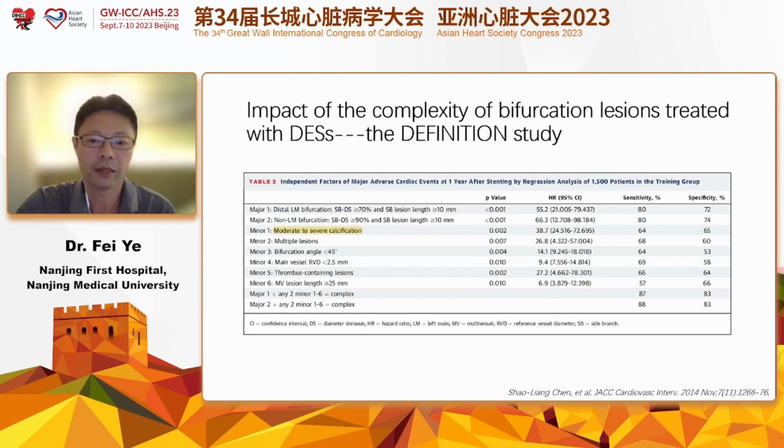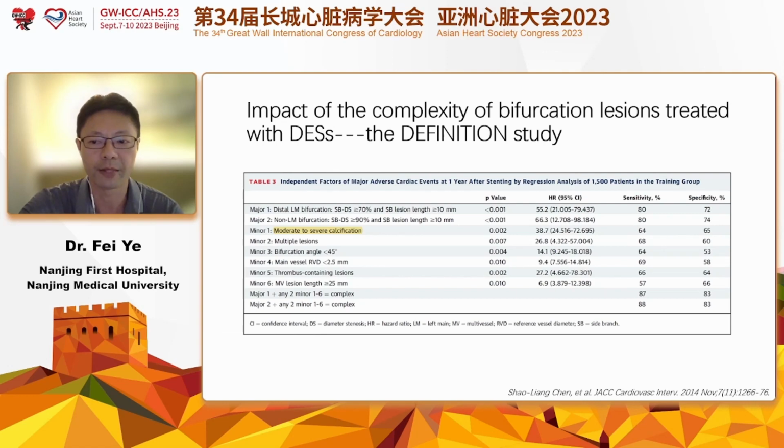About 10 years ago, Dr. Xiaoliang Chen's trial design, named the DEFINITION trial, included 1,500 patients from January 2004 to 2006. Confounding factors for composite MACE were selected by logistic regression analysis.